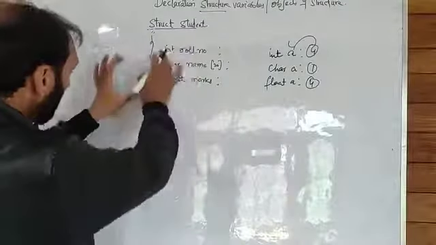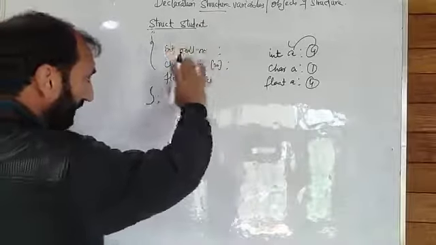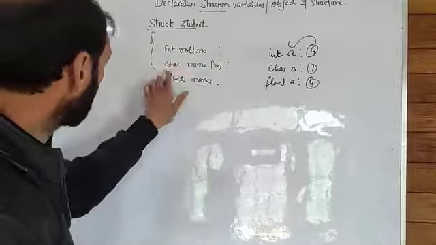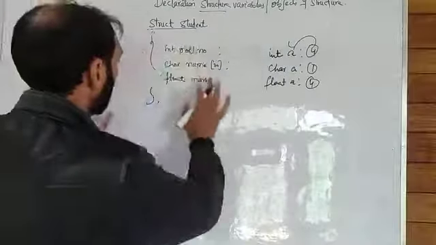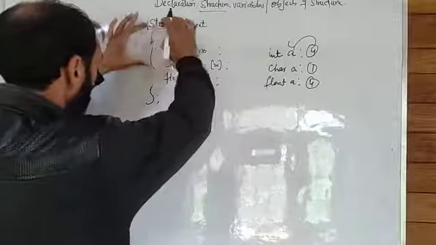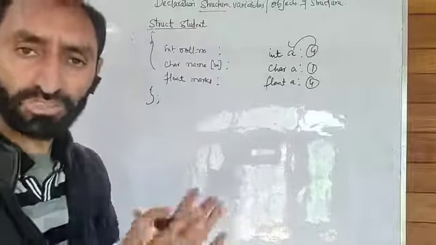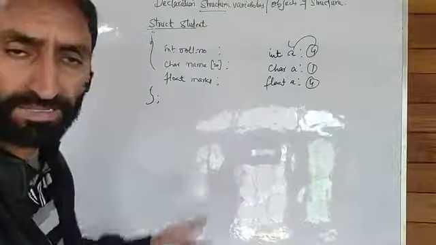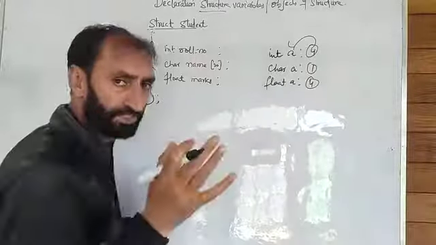I have declared here a structure with these three members: roll number, char name, and float marks. We know that no space will be allocated with this declaration. The compiler will allocate no space, as it is only the template. We have already discussed it in the previous video.